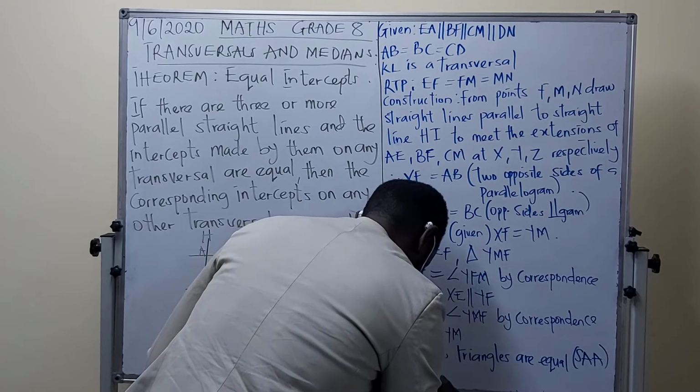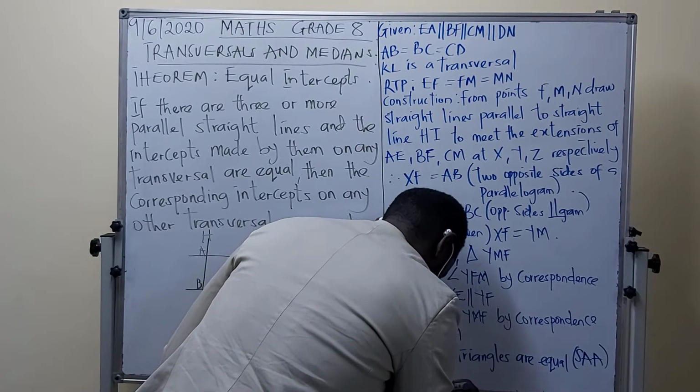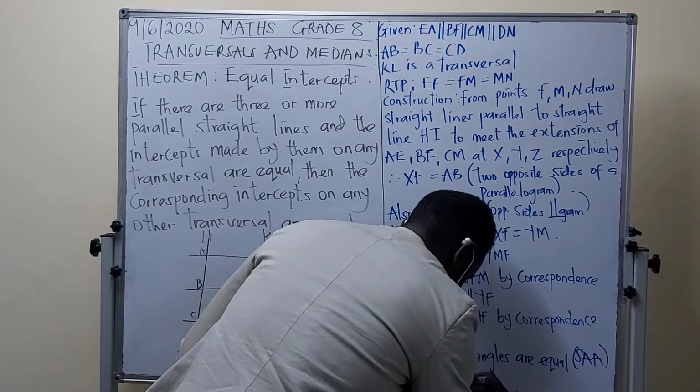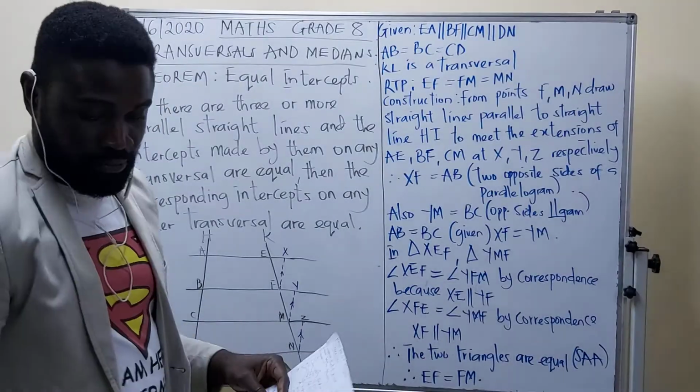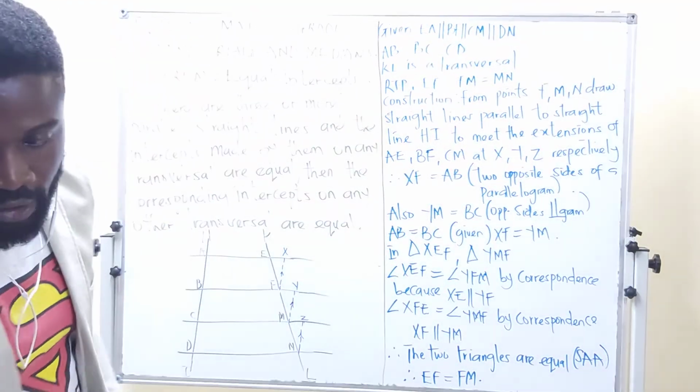Therefore, EF is equal to FM. So that is all the notes we have for today.